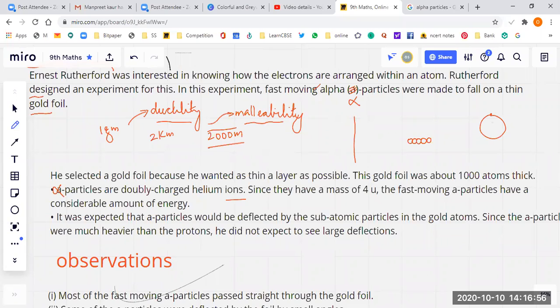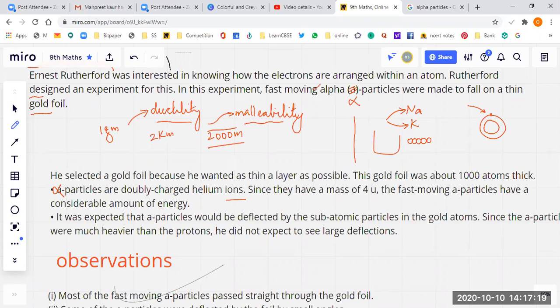Obviously the smaller shell will have its octet complete. Because it has only one electron, it will be very reactive. For example, sodium and potassium are so reactive.